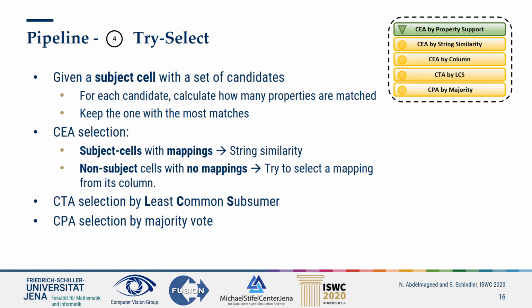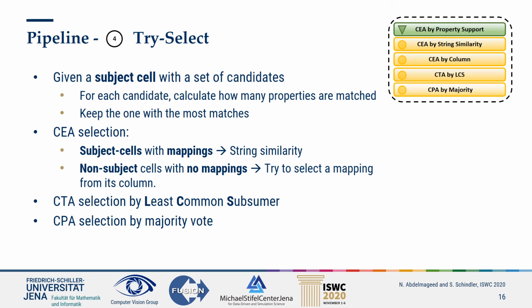However, for an object cell with no mappings, we look for the nearest value among its column and pick its solution. The next step involves selecting a CTA candidate, where our primary method is the least common subsumer, or in short, LCS. I will show you a tracing example for it in the next slide.